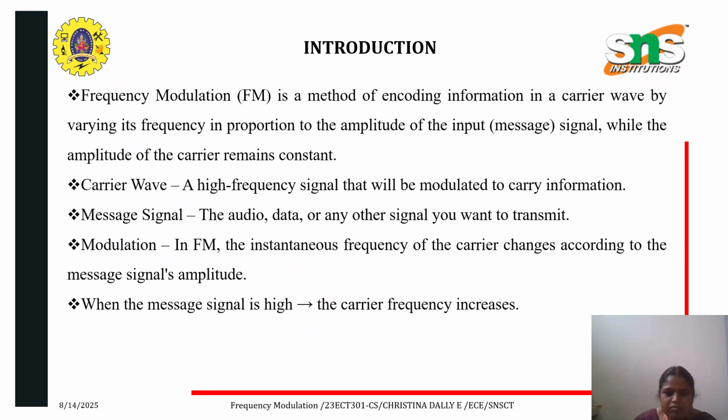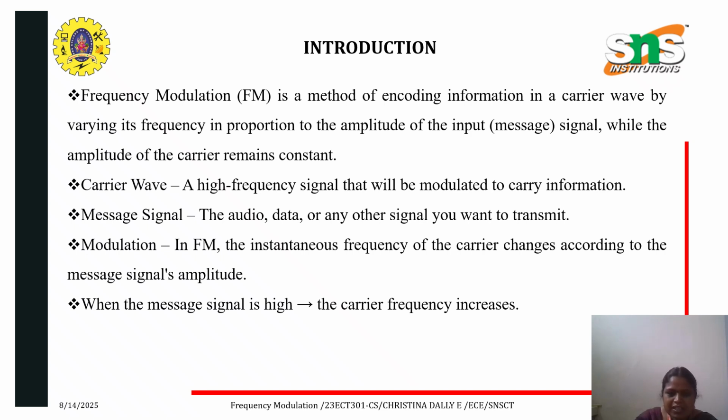The main purpose of frequency modulation is to encode the information in a carrier wave while the amplitude remains constant, as I told already in the previous slide. A carrier wave is a high frequency signal that is modulated to carry the information.